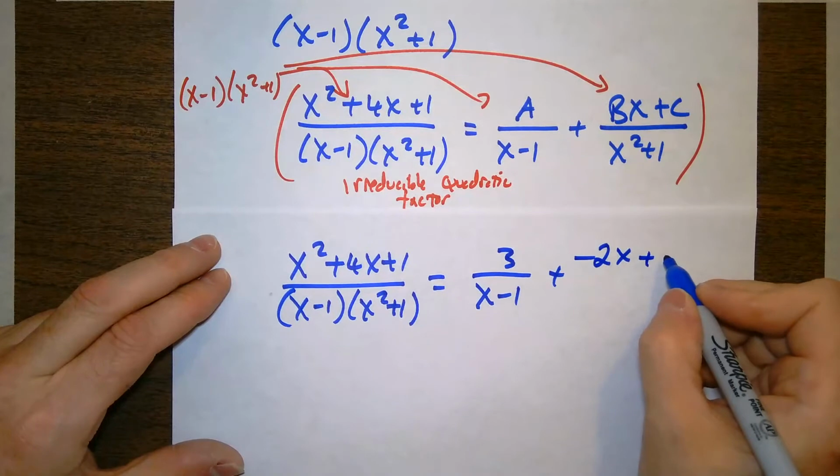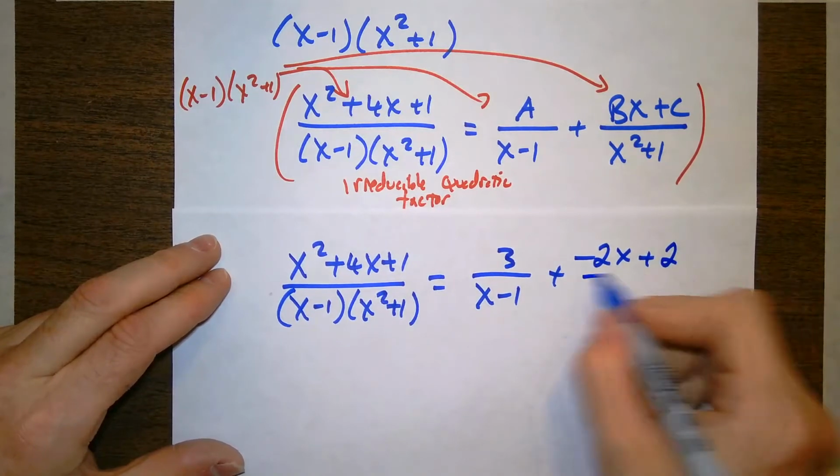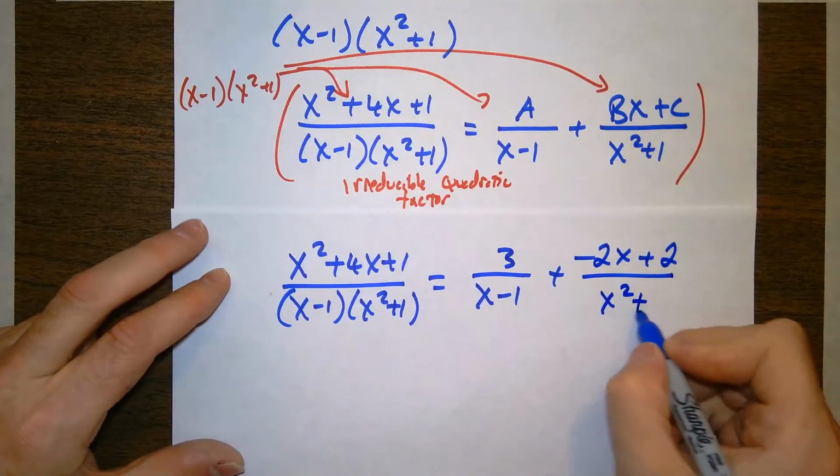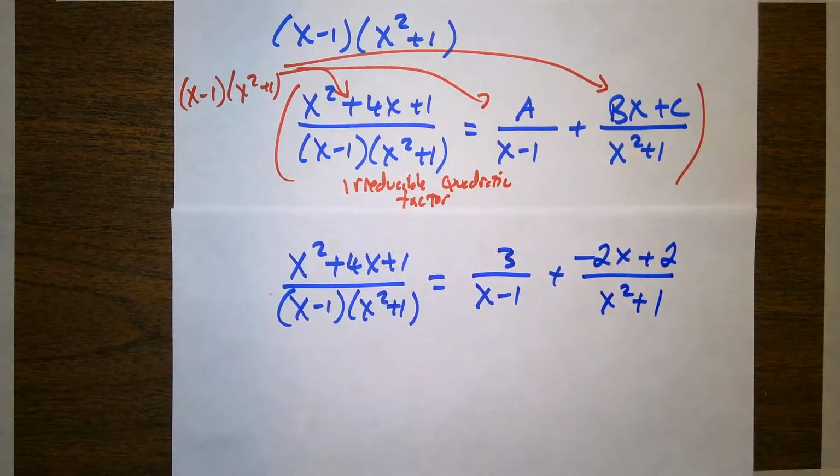My c was 2, over the irreducible quadratic factor of x squared plus 1. So there it is, kind of broken down into 2 different parts, partial fraction decomposition.